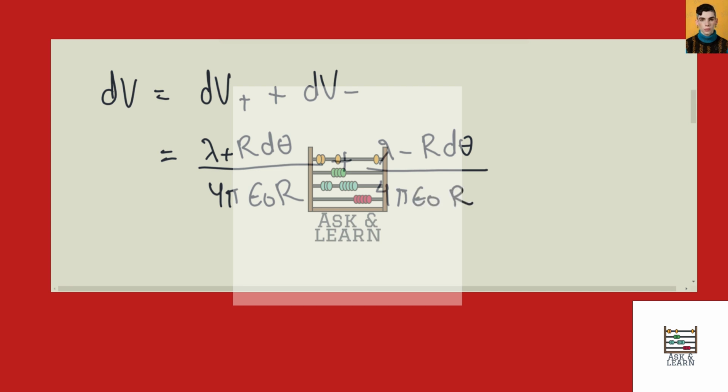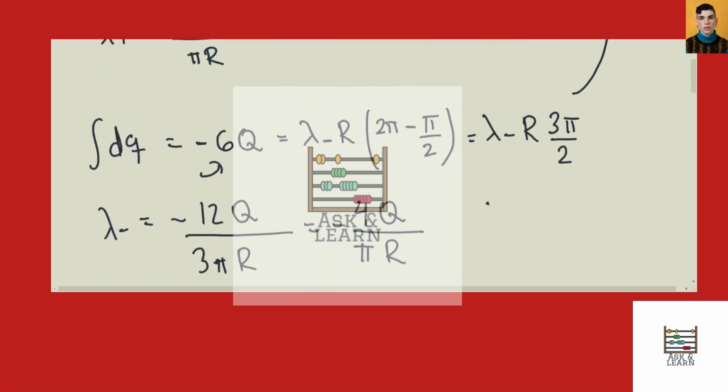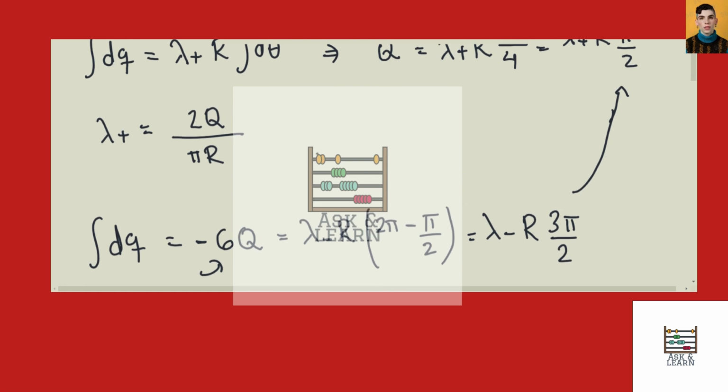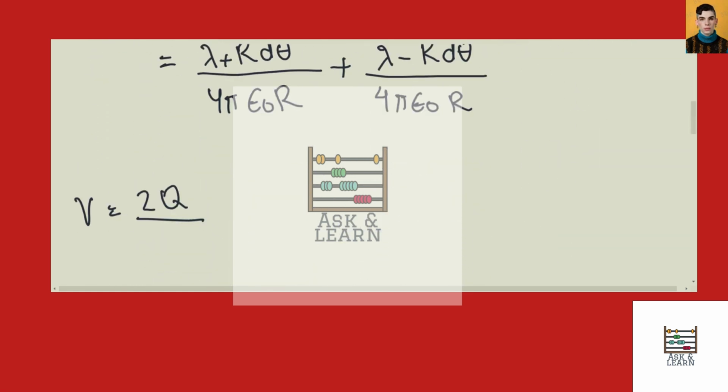When we integrate this, we are going to obtain the result we just found, with lambda positive equal to 2Q over pi R for the positive part.